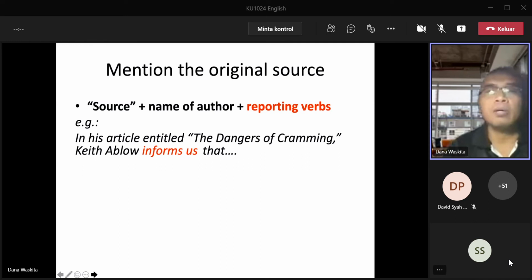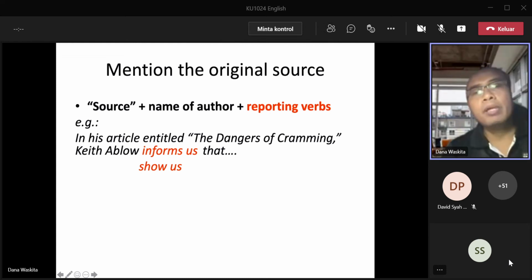Yeah, after the writer, yeah, or the author. The reporting verb can be something else like says, yeah, or states, or claims, or indicates, or discusses, or maybe explores. Yeah, but the meanings are quite similar, I think. Yeah, this is then also the function.